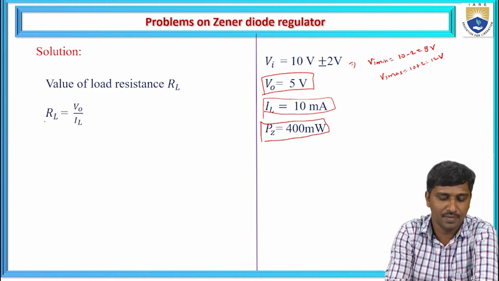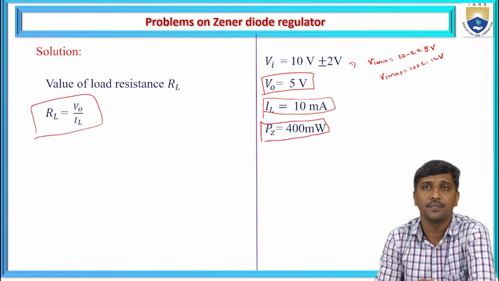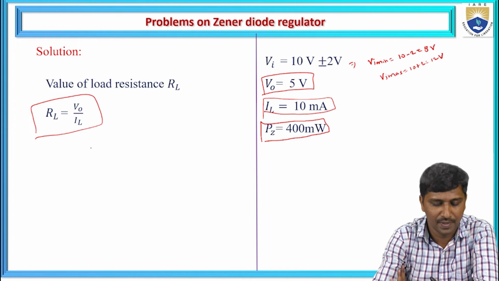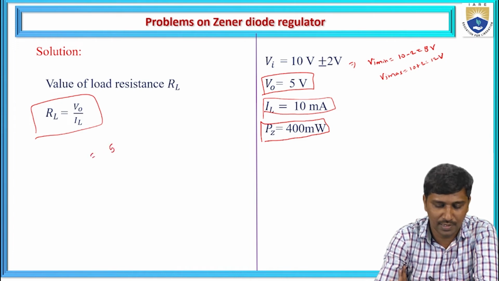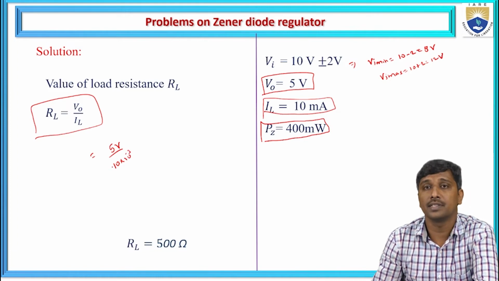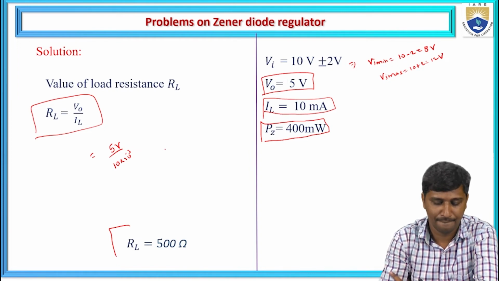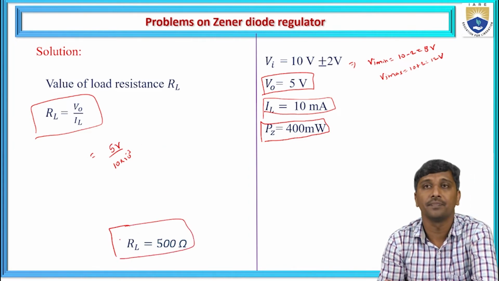From the given specifications, the load resistance is the ratio of output voltage to the load current. The output voltage is 5 volts and the load current is 10 milliamperes. Then the load resistance becomes 500 ohms.